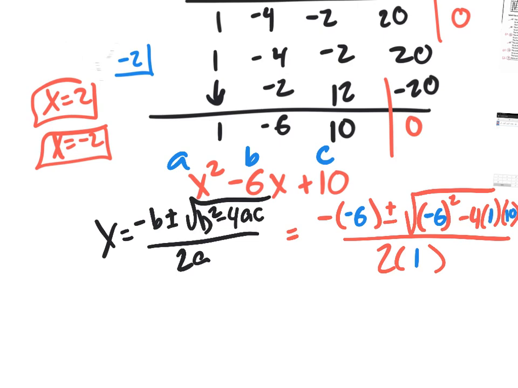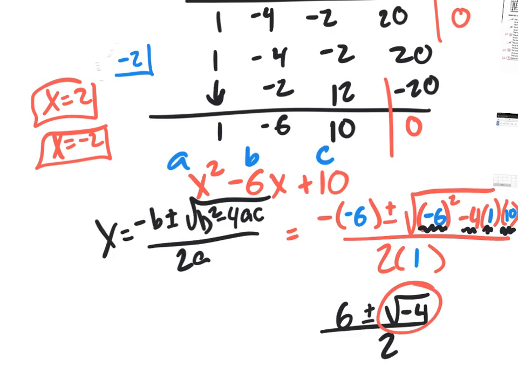Starting with the discriminant, negative 6 squared is 36, and minus 4 times 1 times 10, that's negative 40. So you have 36 take away 40, you're going to end up with the square root of negative 4. We have a plus or minus a positive 6 out here, all divided by 2. Now we should all know that the square root of negative 4 is 2i.